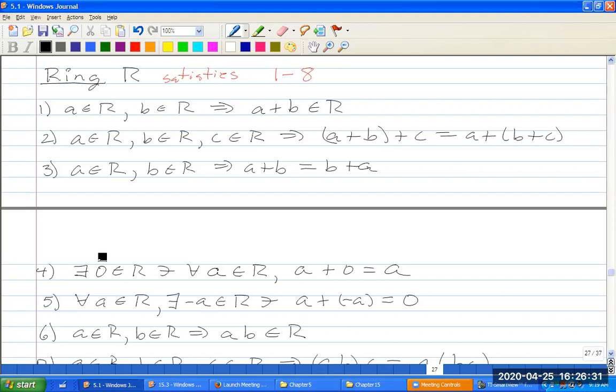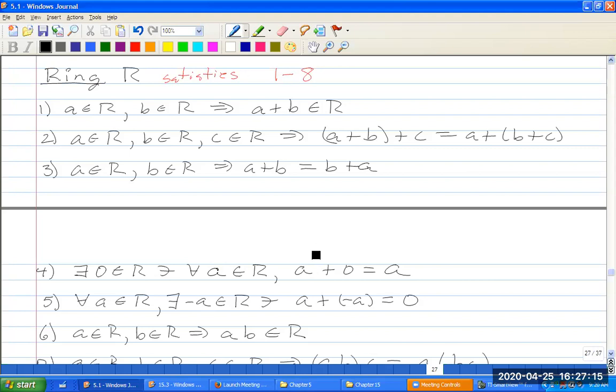There exists a number denoted by 0 in the set R such that for every element A of my set R, A plus the additive identity is equal to the original number A. And so I have that this quantity 0 is a right additive identity, and by commutativity above, we also have that it is a left additive identity.